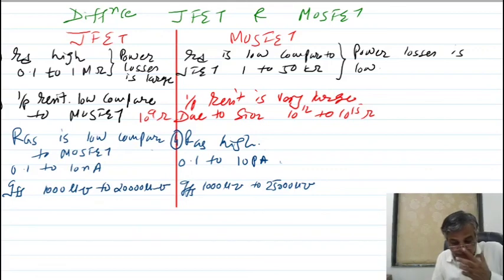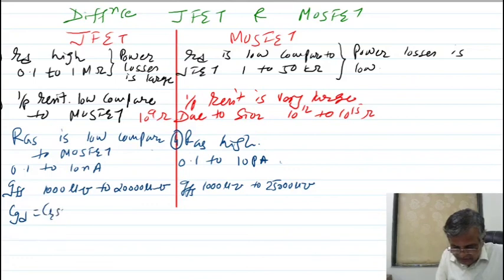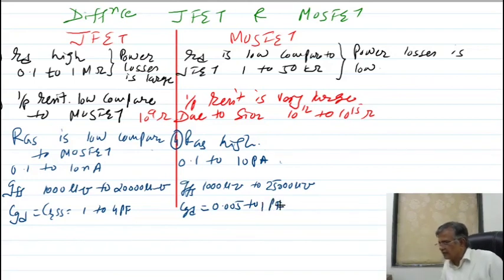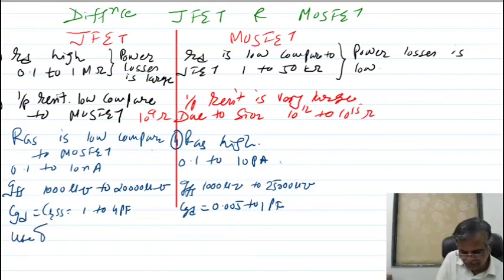Fifth, CGD or CRSS, the reverse capacitance, is of the order of 1 to 4 pF in JFET. CGD in MOSFET is of the order of 0.005 to 1 pF. So what does this make? Yes, it is useful for high frequency. We have written this already.